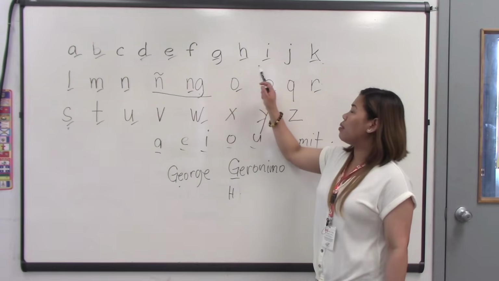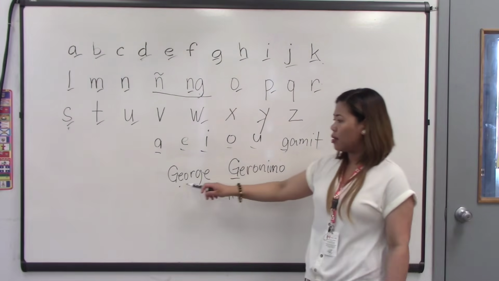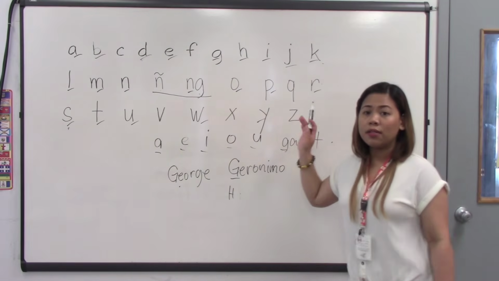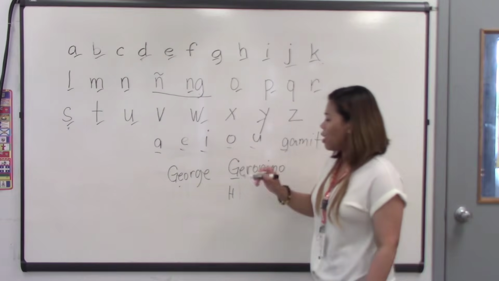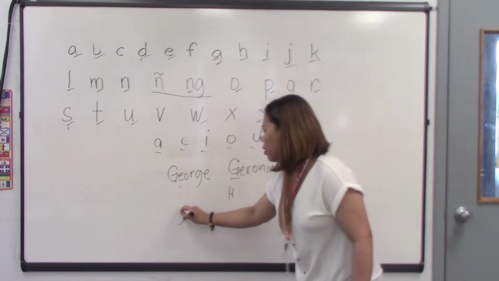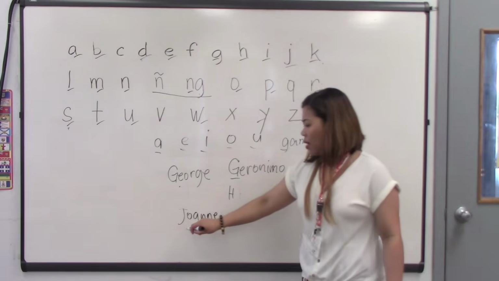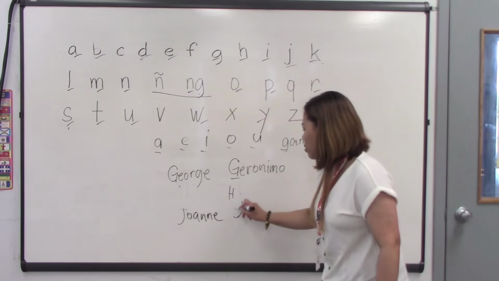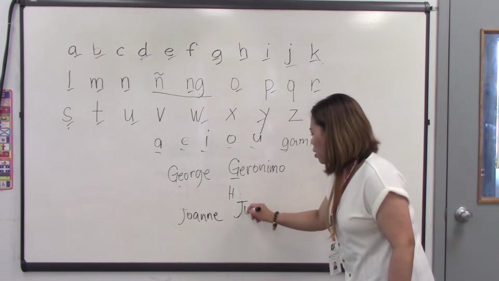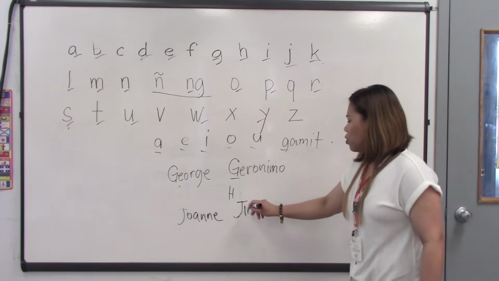H is just the same as in the English alphabet. J here is like the G. So it changes its sound depending on where it is being used. If it's an English name, for example, Joanne, then that's a J. But for the last name, for example, Joanne's last name is this.